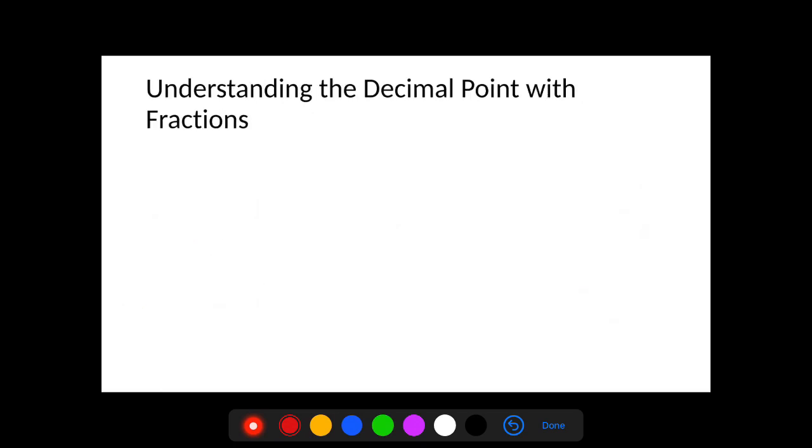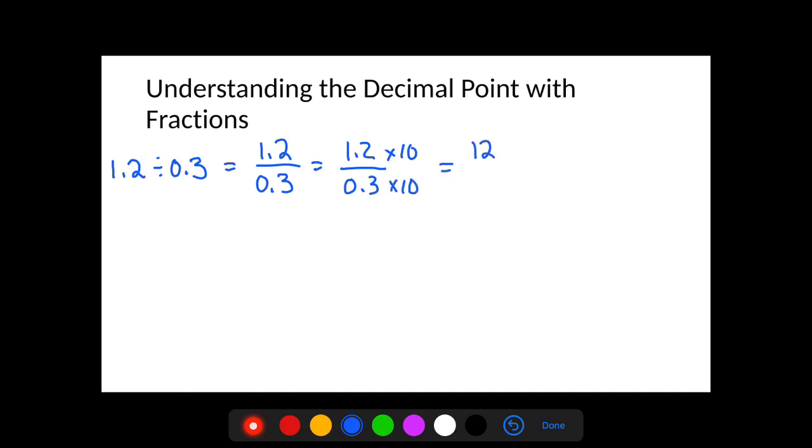So let's think about why this is reasonable. If I have 1.2 divided by 0.3, I can rewrite this as a fraction: 1.2 in the numerator, 0.3 in the denominator. Then I could write this as an equivalent fraction, so I could multiply the numerator and the denominator both by 10, and that would give me 12 thirds, 12 divided by 3.